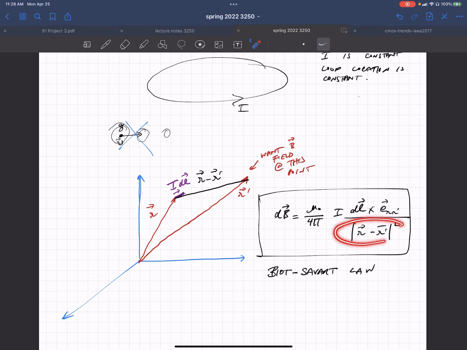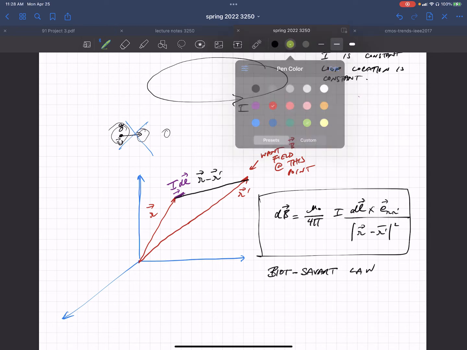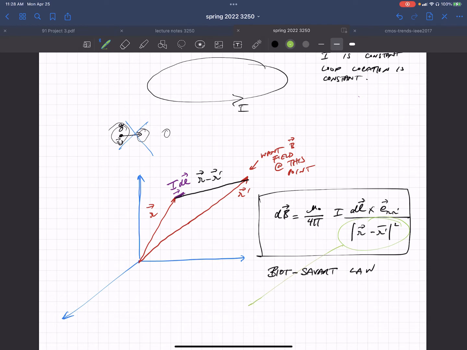So this absolute value, that's the separation. Notice that it is an absolute value. So let me clarify some of these things.